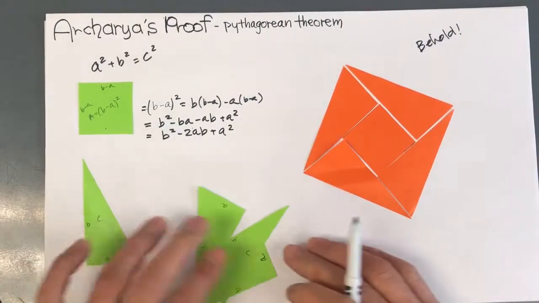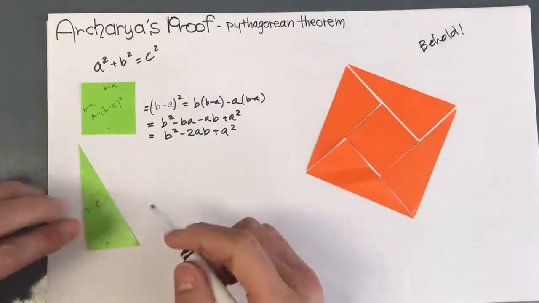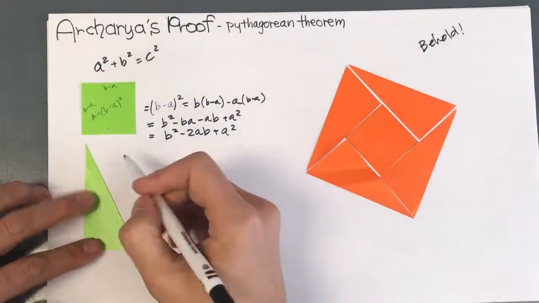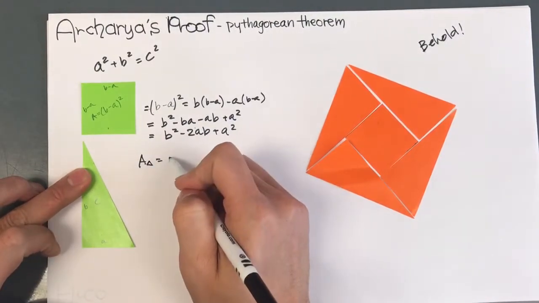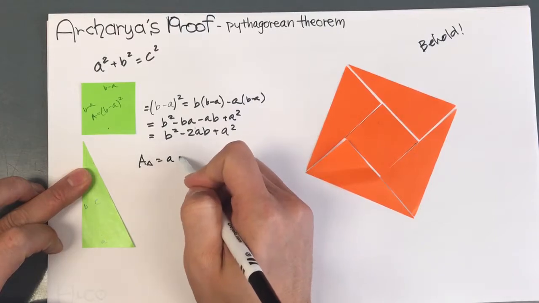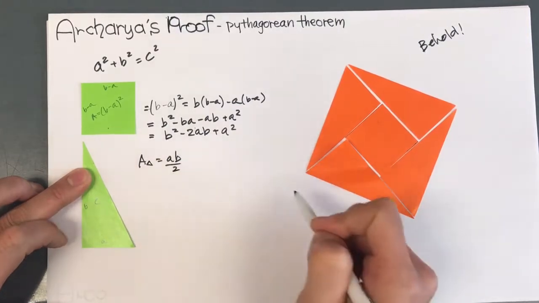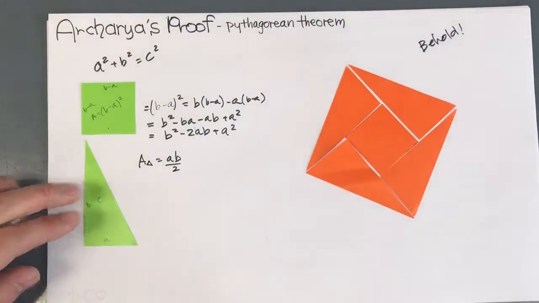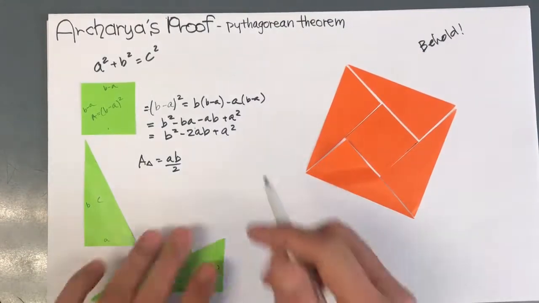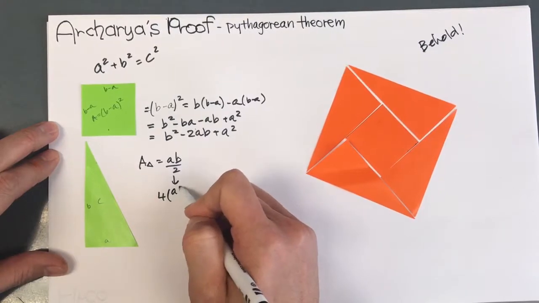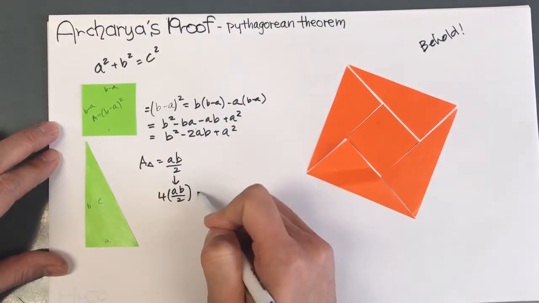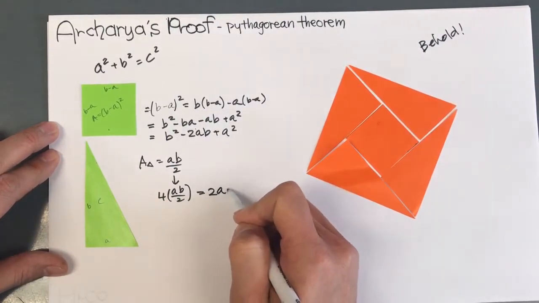Now let's take a look at this triangle. What's the area of this guy? As you know, the area of a triangle is A times B divided by 2. And we have 4 of them here, so we're going to multiply this by 4, and it ends up being 2AB.